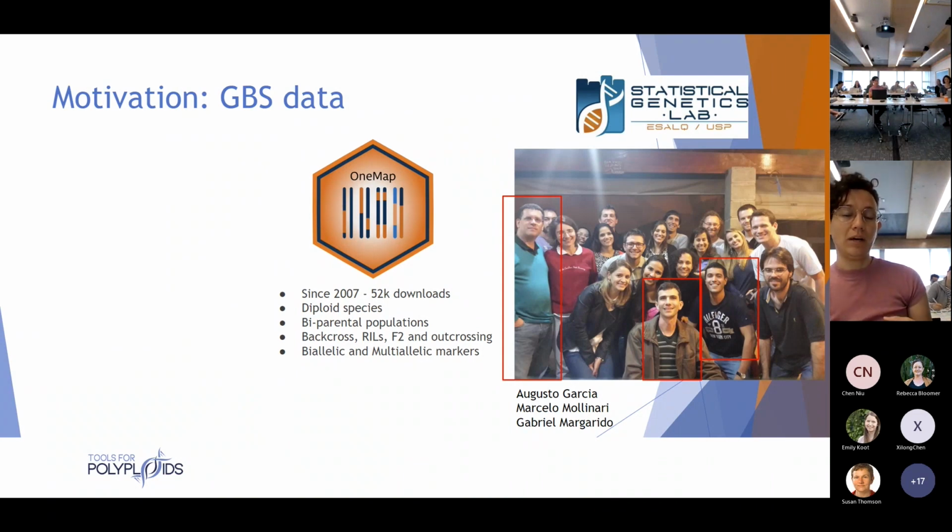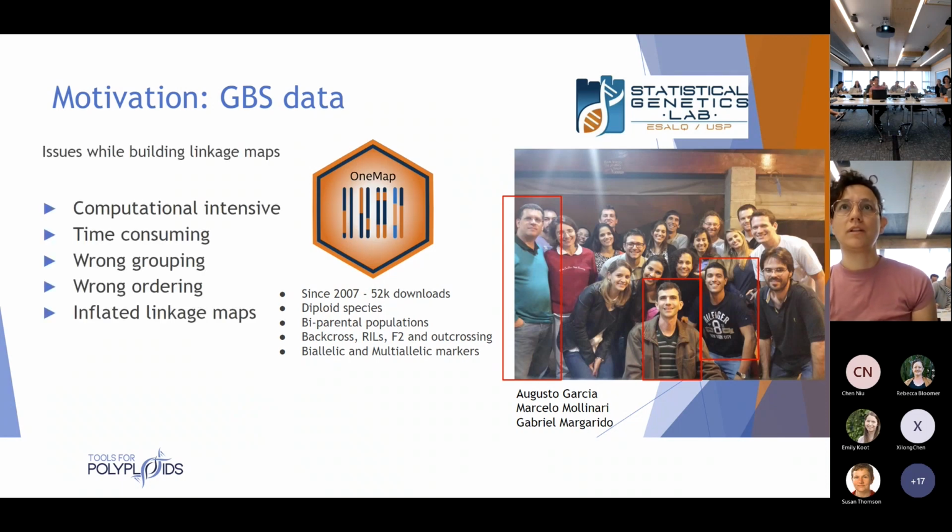So to adapt this software to GBS, I had some issues with this huge amount of markers that comes from sequencing. It was very computationally intensive because the package was not prepared for dealing with millions of markers. And time consuming, yes, because we use hidden Markov models, it can take a long time. And also, I would get wrong grouping, wrong ordering, and inflated linkage maps.